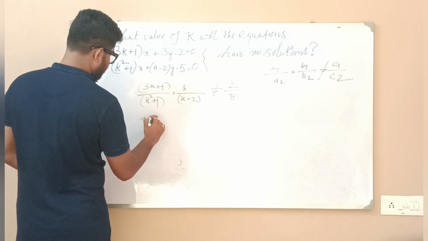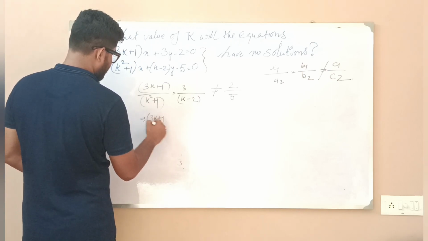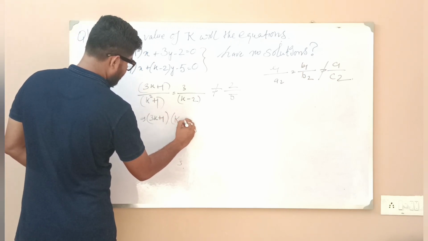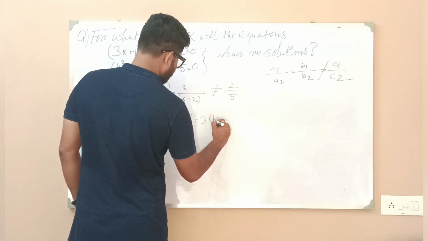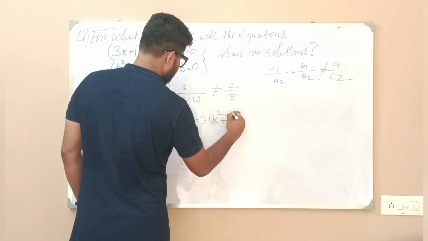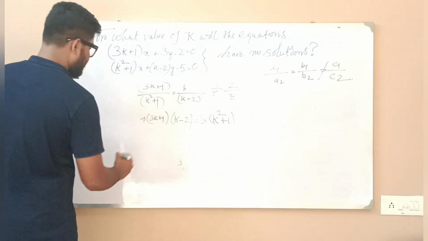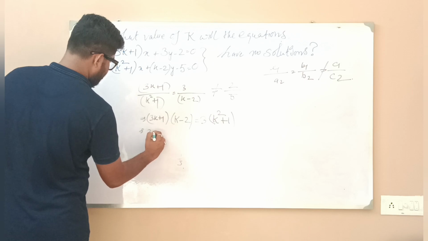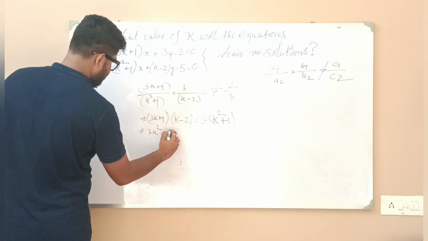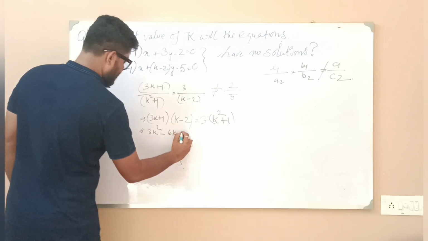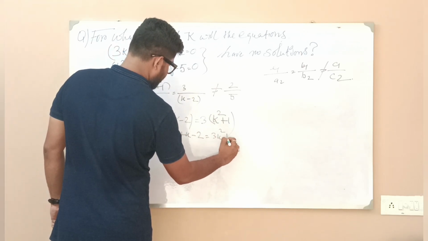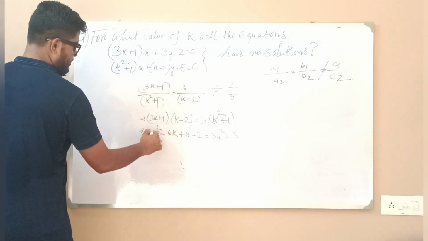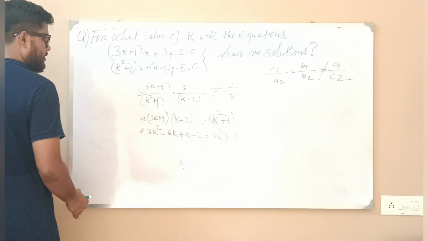So do one thing: (3k plus 1) into (k minus 2) equals 3 into (k square plus 1). Now 3k square minus 6k plus k minus 2 equals 3k square plus 3. This will get cancelled.